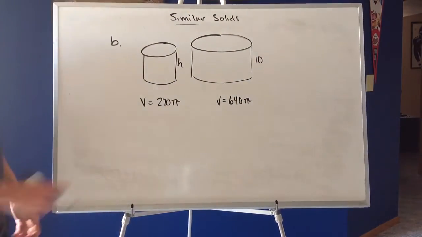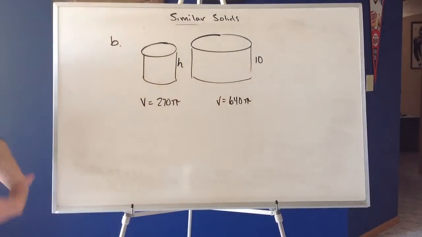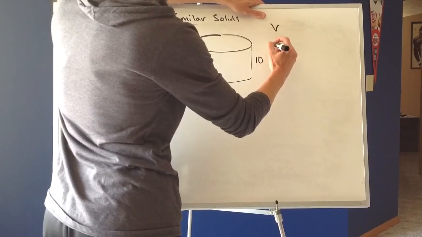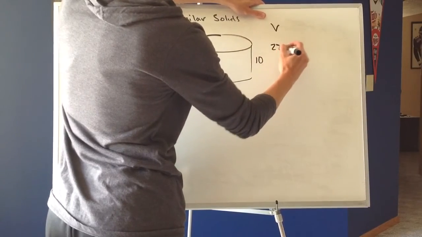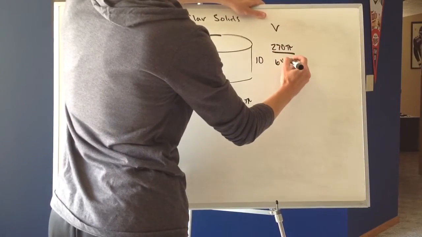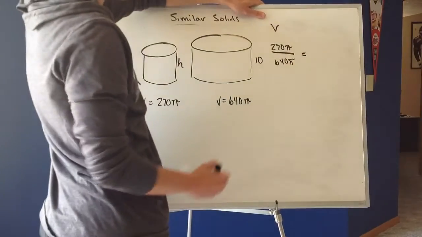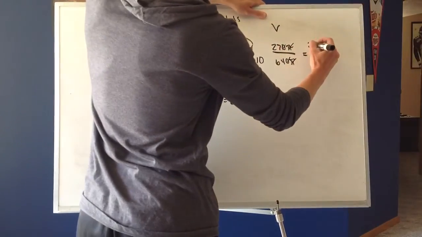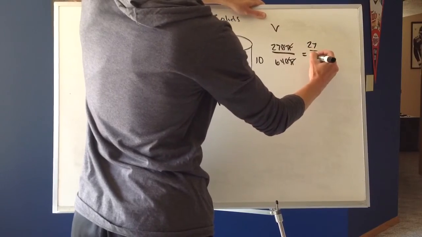Alright, so this time they give us both volumes, so that's where we'll want to start on this one. So I have 270 pi over 640 pi. Again, want to reduce that down, the pi's cancel out, the zeros cancel out, so you're left with 27 over 64.